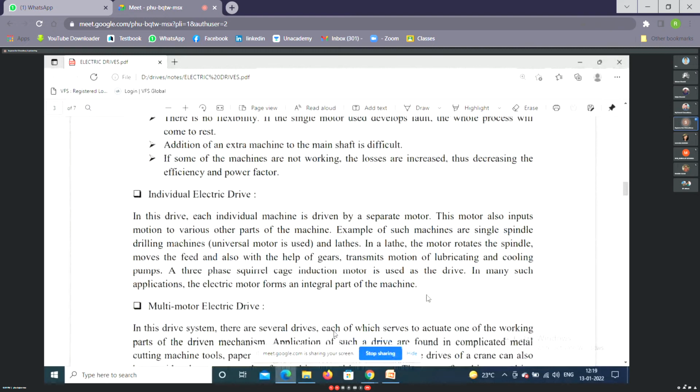Now, individual electric drive. In individual electric drive, the machine is driven by a separate motor. This motor also inputs motion to various parts of the machine. Say for a lathe machine, we have a motor which will rotate the spindle, move the feed, and also operate the lubricating system and cooling pumps.